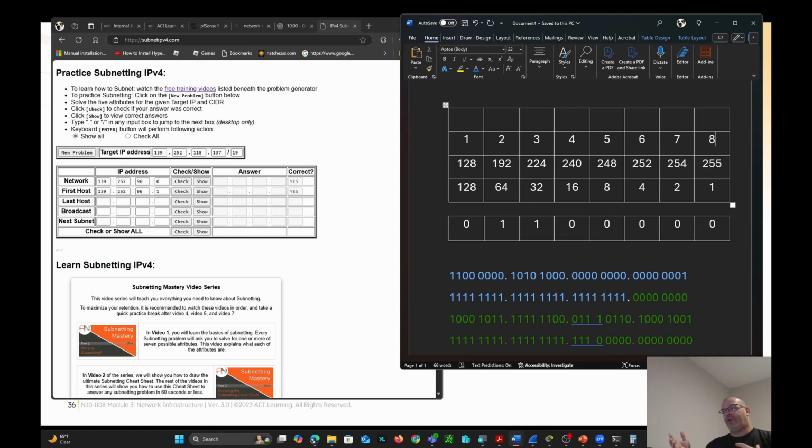I just put it there to make my life a little easier. When you look at 19, I know 8 ones, 8 ones, 3 ones. That's the 19.